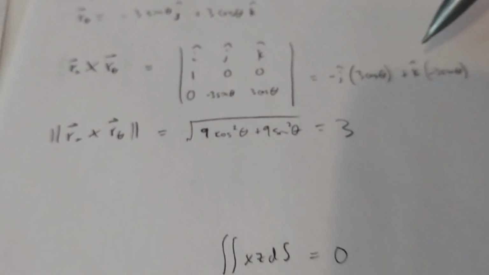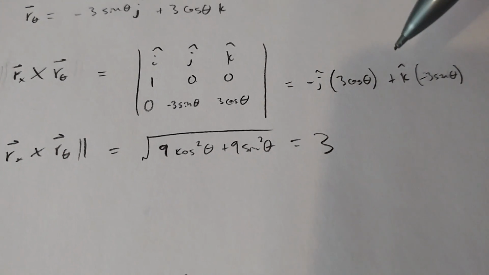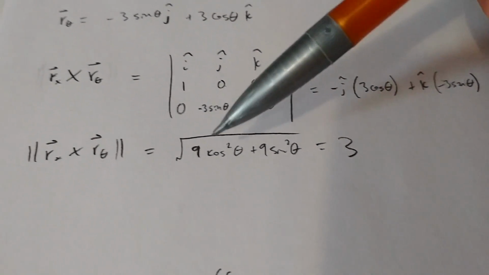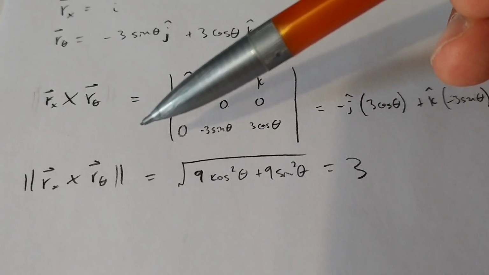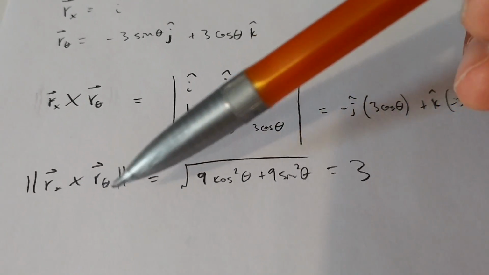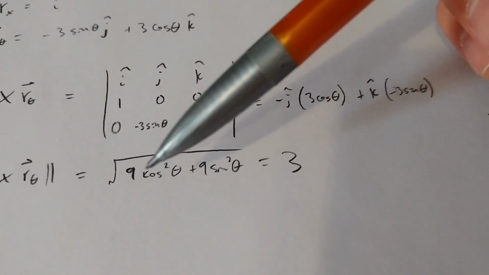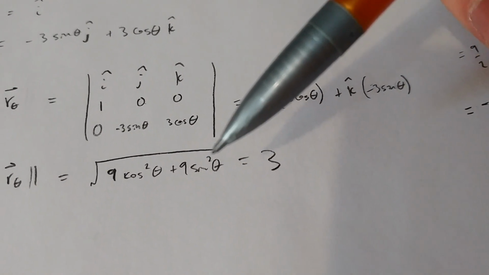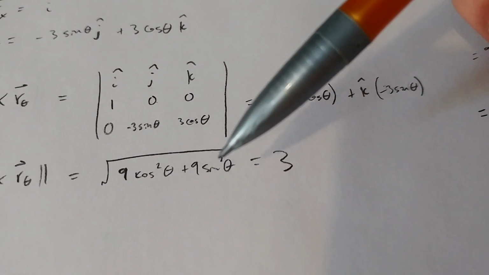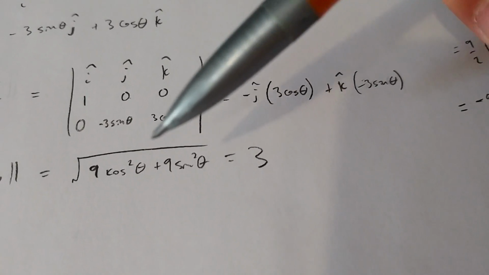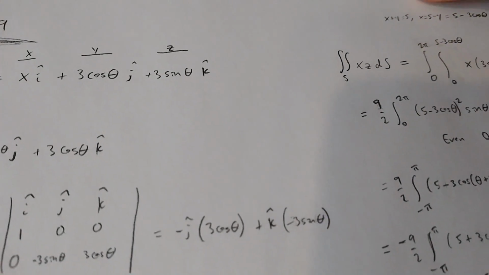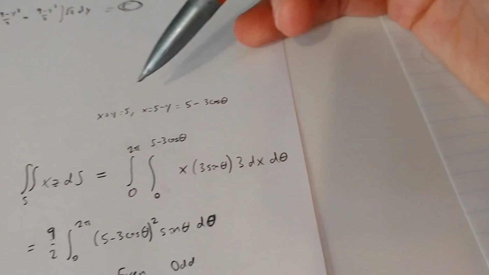So let's just take the magnitude from there, because we're going to be squaring and the signs will go all positive. So the magnitude of r_x cross r_theta is the square root of 9 cosine squared plus 9 sine squared, and because of the trig identity, sine squared plus cosine squared equals 1, that is going to equal 3. Okay, so now we can plug that into our equation here.